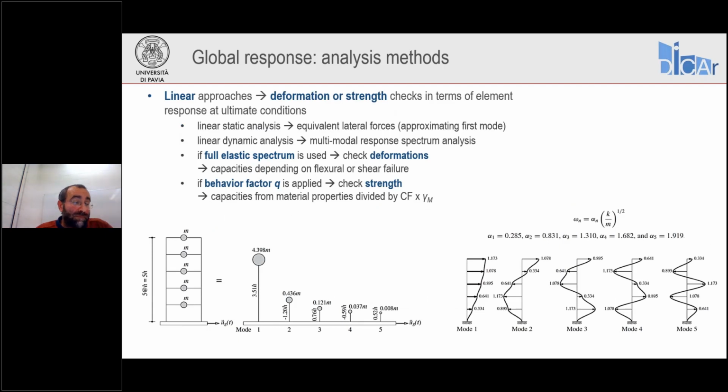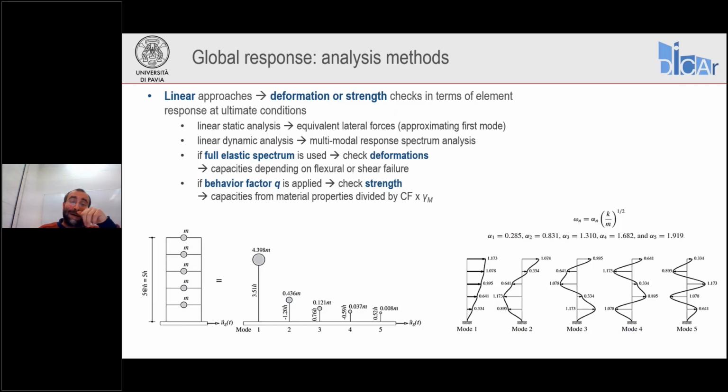The analysis can be based on linear approaches, and in this case, we have to perform strength or deformation checks on the elements of the building. I'm showing here, for example, the case of linear dynamic analysis, where we superpose the different modal responses, but even simpler is the case of equivalent lateral force analysis, which is the linear static analysis, which is usually very conservative for masonry buildings.